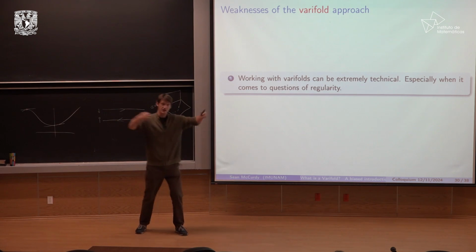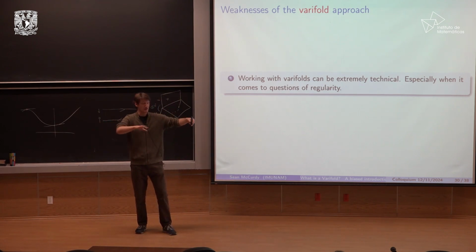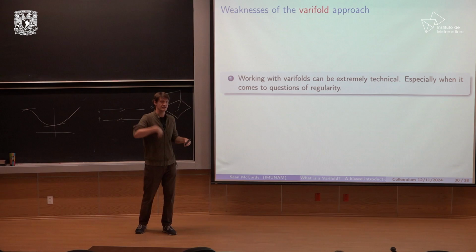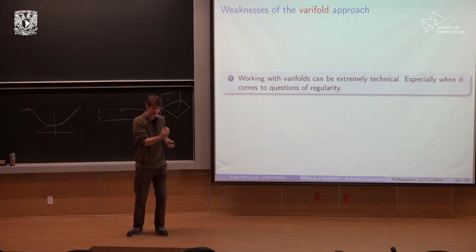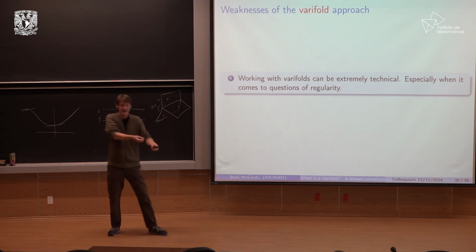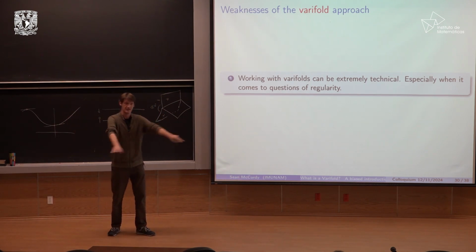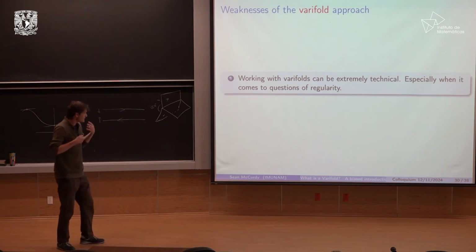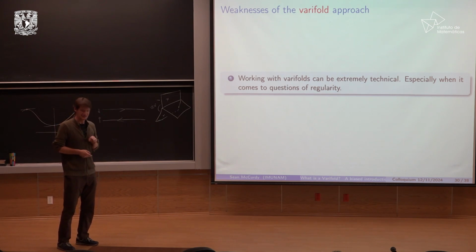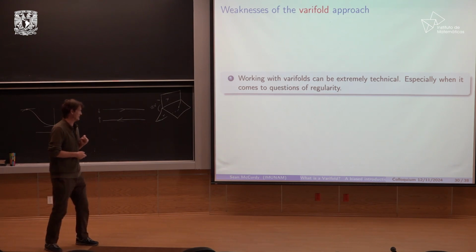Enlarging our class to more irregular objects, we obtain compactness, we obtain existence, and then we have to do the hard work of showing that the minimizer that we got actually has higher regularity than the ambient class. And so all of the hard work is in doing the regularity theory, and for varifolds, this becomes extremely technical.